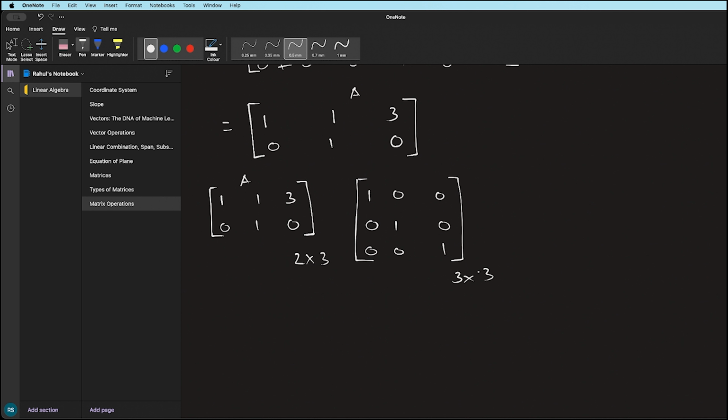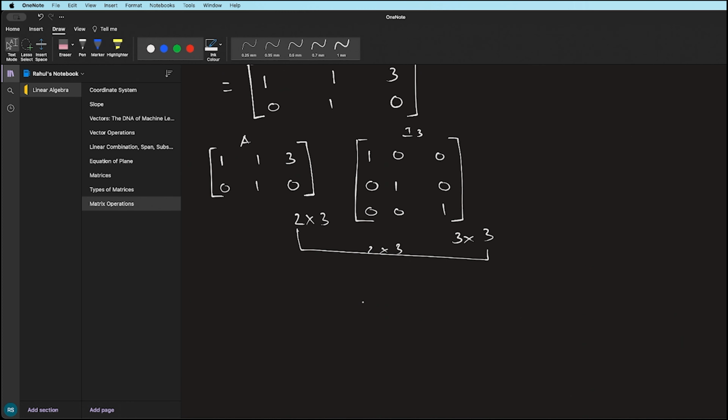Why 3 cross 3? Because to multiply these two matrices, the number of columns of matrix A must be equal to the number of rows of the second matrix. That is why I choose the 3 cross 3 identity matrix, I3, and the resulting shape of the matrix will be 2 cross 3.